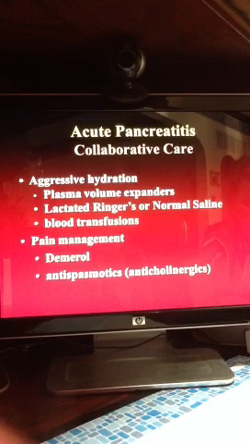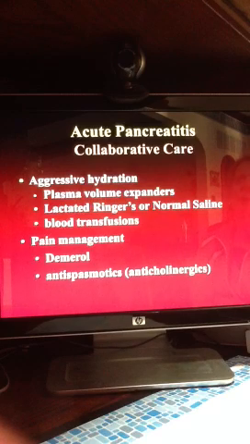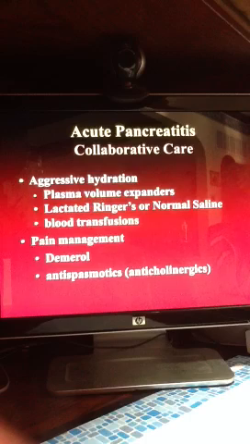The reason for the NG tube is to minimize the secretion of these pancreatic enzymes. You know, when you eat, the pancreas is stimulated to release its enzymes into your GI tract. But the problem in pancreatitis is before the enzymes get to the GI tract, they're being activated. And so we want to keep that pancreas really quiet. Blood transfusions if they have hemorrhagic pancreatitis.